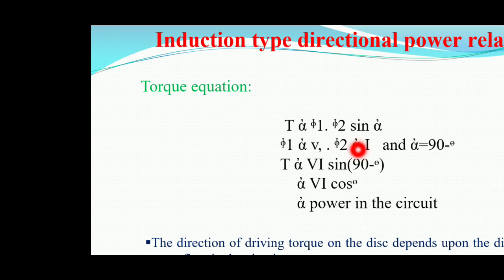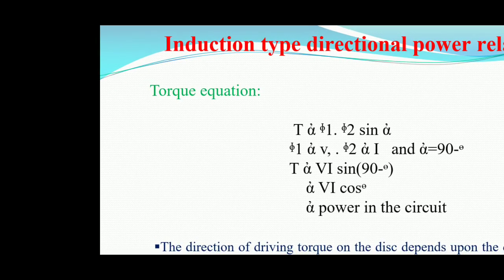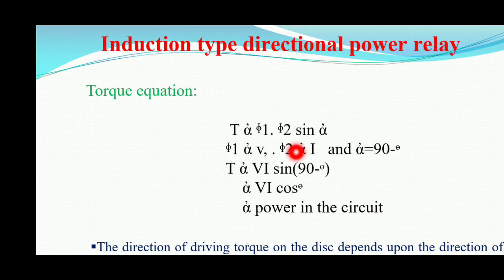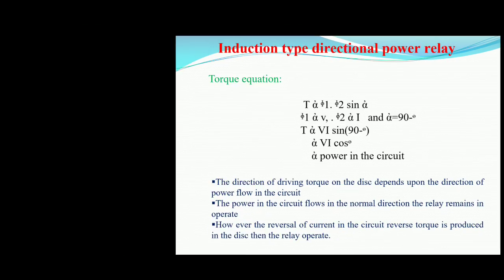Phi 1 and phi 2 will be replaced by V and I. The alpha will be taken as 90 minus theta, and sin of 90 minus theta equals cos theta. Then the power formula is VI cos theta, so the torque will be proportional to the power in the circuit.